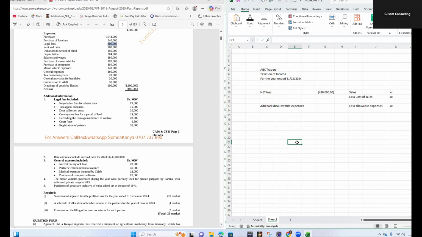It is an expense, yes, but it is not relating directly to the generation of business income. And allowable is an expense which is attributable directly to the generation of business income.